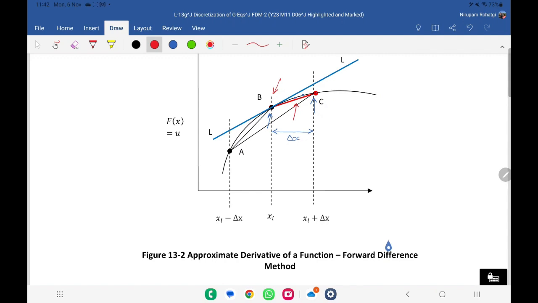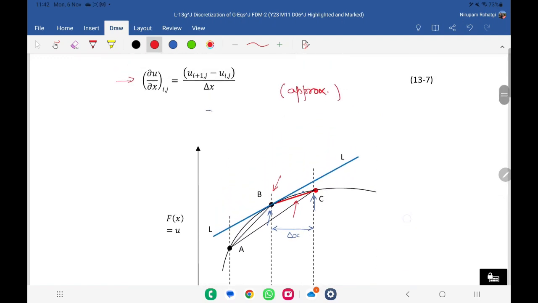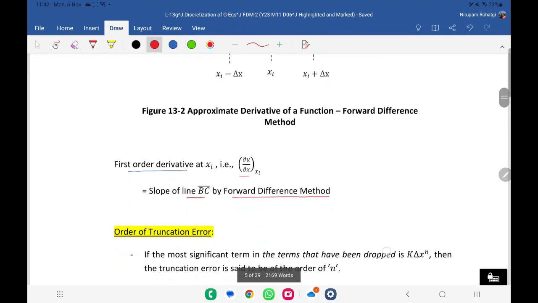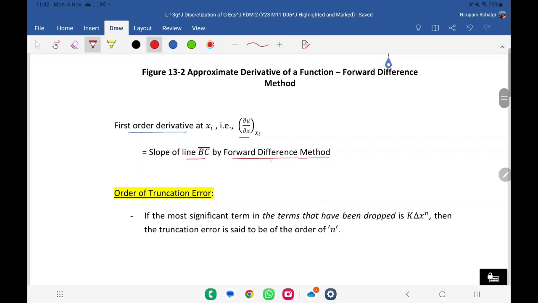Look at the equation. You are taking the value at the forward point minus the value at the current point divided by delta x. So you are finding the derivative in terms of forward difference, and that is why this technique is called forward difference. So we are finding the first derivative.